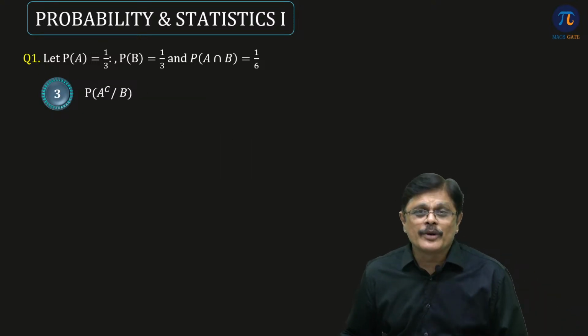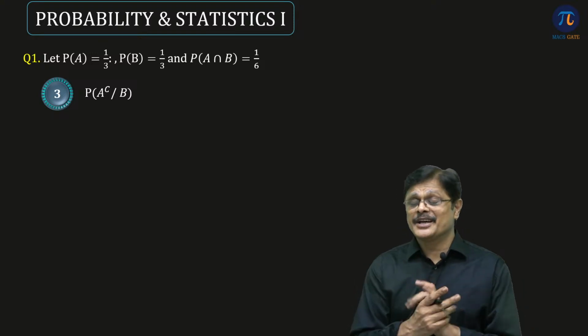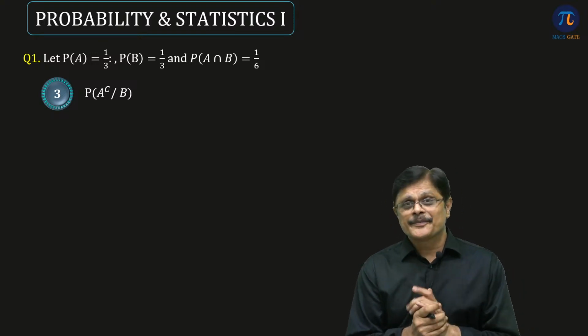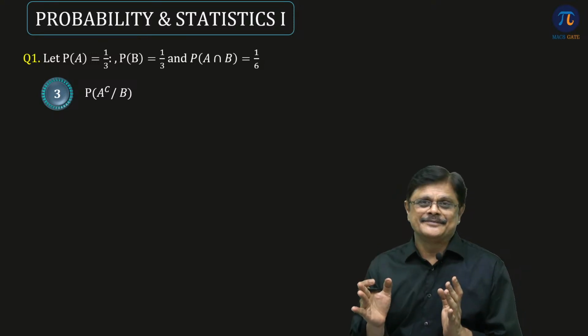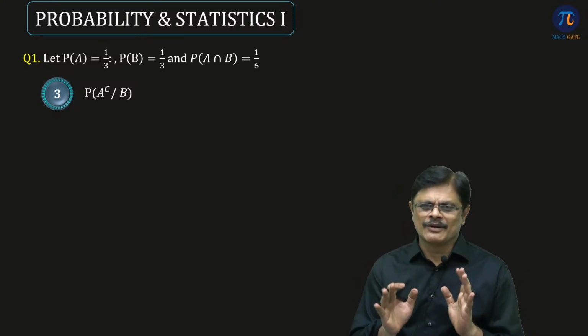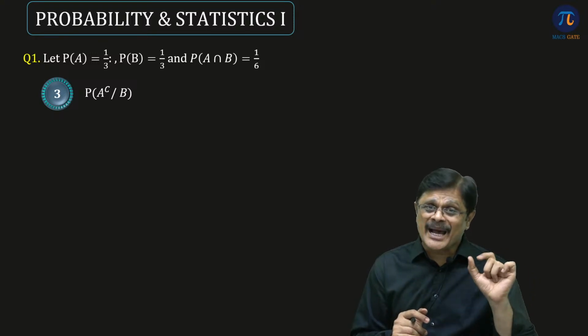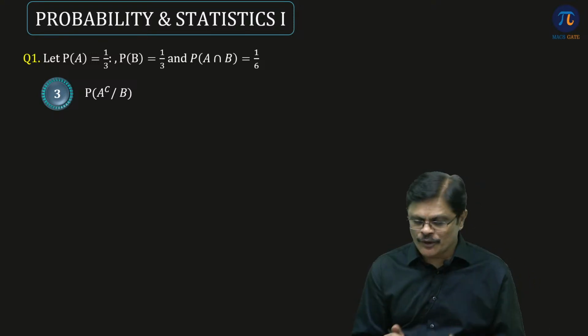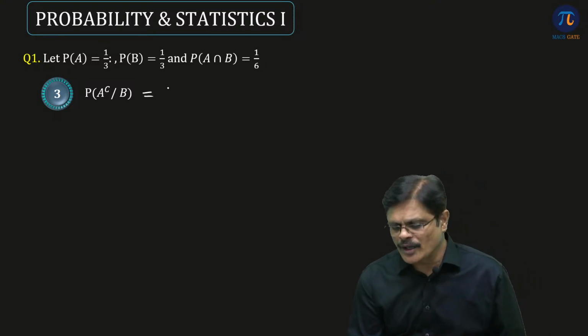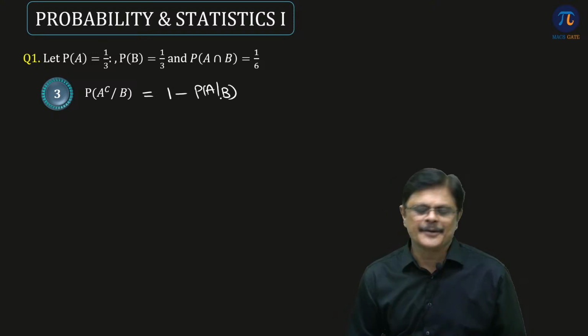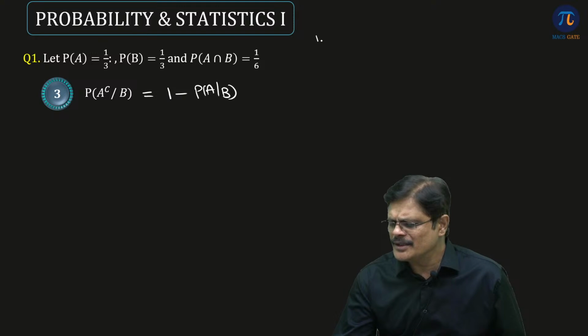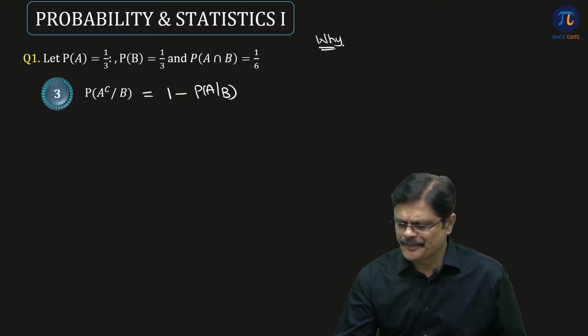Now what is the probability of A complement given B? Please see carefully, sir. A given B, B given A, you can solve. Now it is A complement. If you want to find it, this can be solved directly as 1 minus probability of A given B. If you want, I'll tell you why.